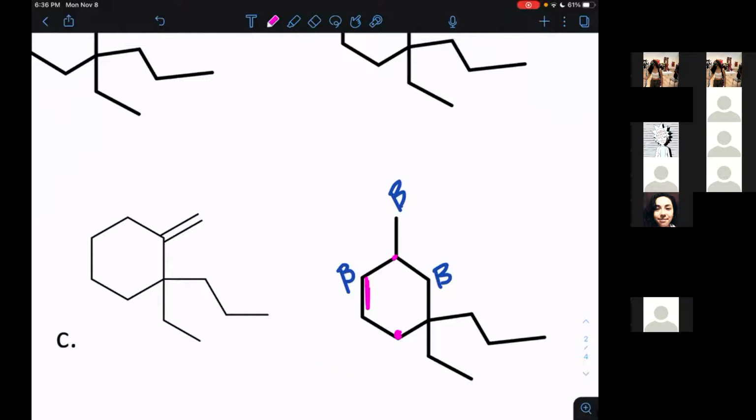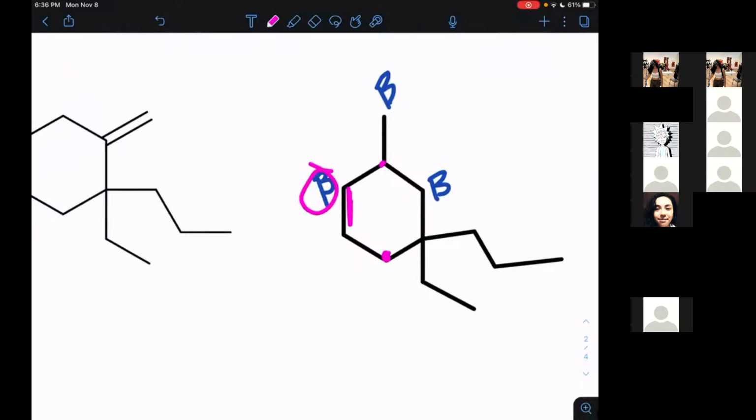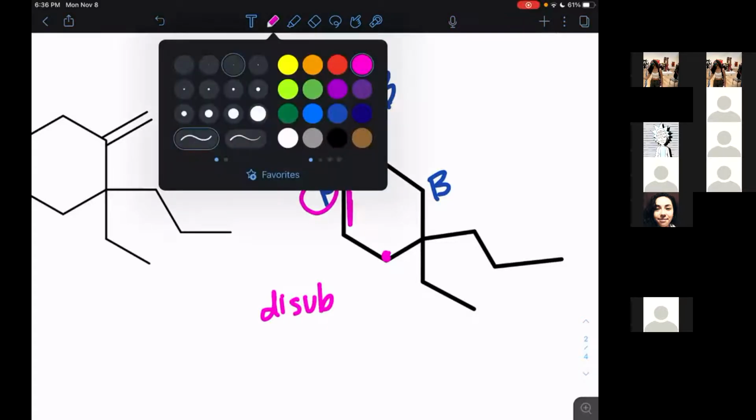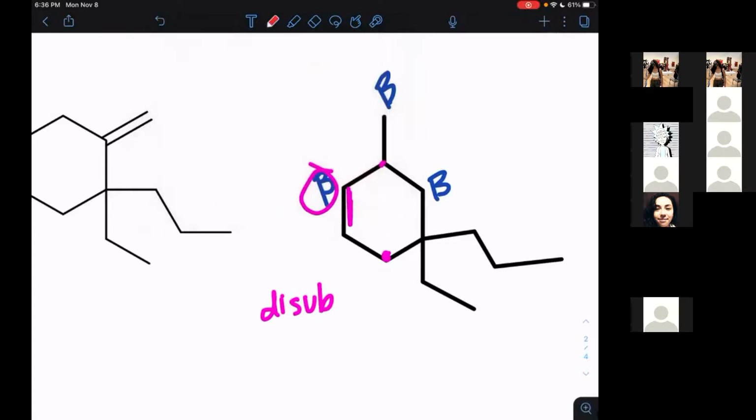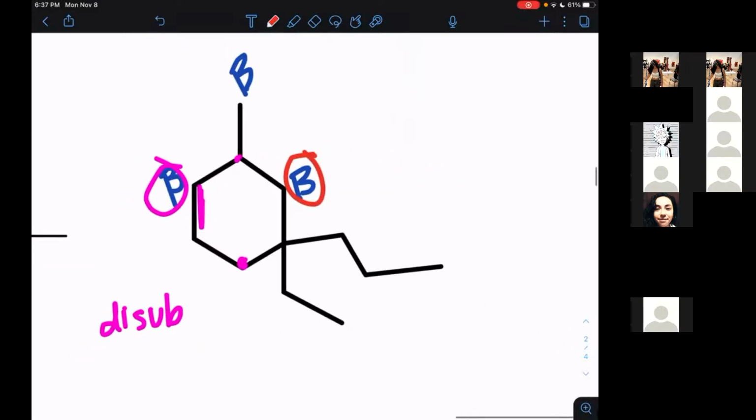Am I right now? So this one would be di substituted. Because I'm thinking now only this one is major, because the other one's mono. Well, no, the other one's also di substituted. I think they're, oh, tetra substituted.